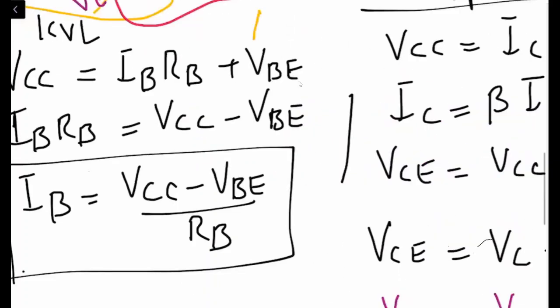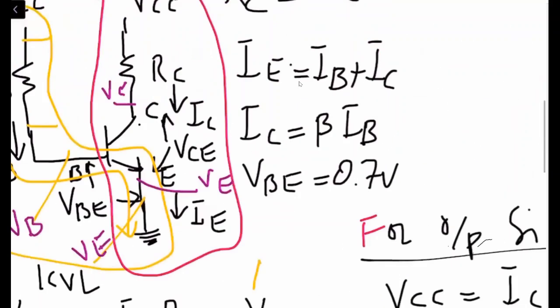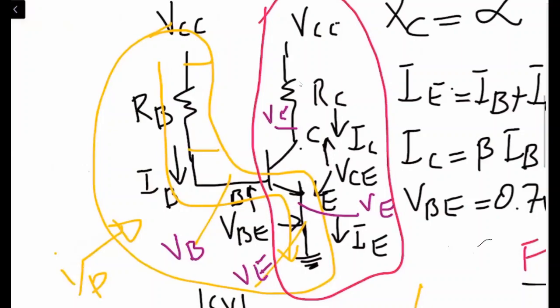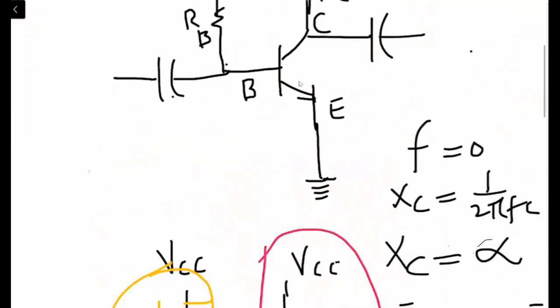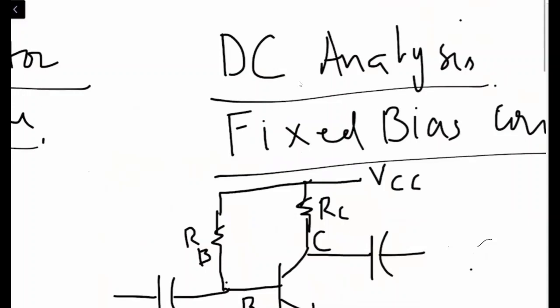Now, if you remember, this circuit has the input side as well as the output side. And if you see, the emitter is common between the input side and the output side, right? So this circuit is basically a common emitter circuit, and the name of the circuit is fixed bias configuration common emitter circuit, right?